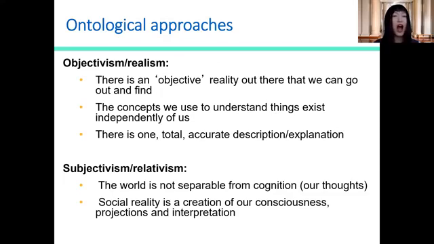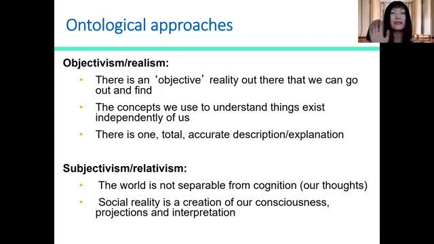Well, there are others, but these two are the most commonly used ontological approach or ontological assumption, whatever you call it. These two are the two extremes, actually. One is objectivism, one is subjectivism.